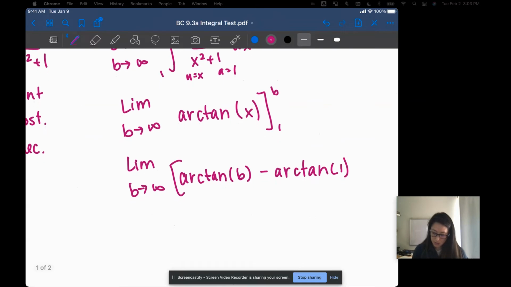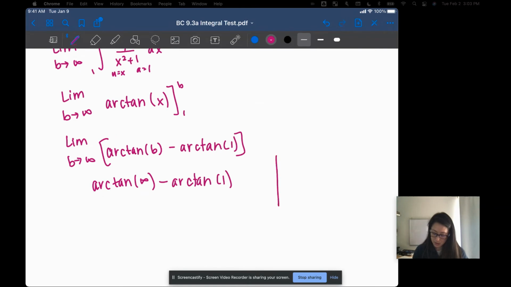Go ahead and plug in infinity. So arctan infinity minus arctan of 1. And remember, arctan looks like this, where we are approaching pi over 2 as x goes to infinity. And when is the tangent ratio 1? That's when the angle is pi over 4. So we're going to subtract pi over 4.